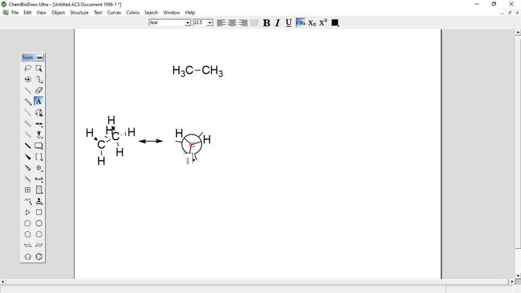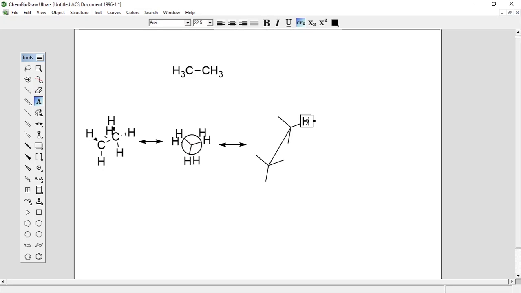Here is hydrogen, hydrogen, hydrogen, hydrogen, hydrogen. Whatever the groups present on the first carbon, they have the maximum dihedral angle, and the dihedral angle easily you'll get.